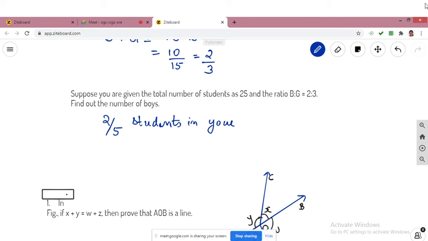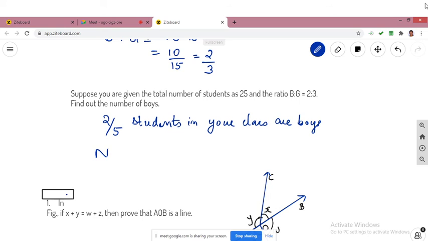Yes, ma'am. So how did I get a 5 there? 3 plus 2, ma'am. Yeah. So I added the ratios and we can say that 2 out of 5 students in your class are boys. So the total number of students in your class is 25.